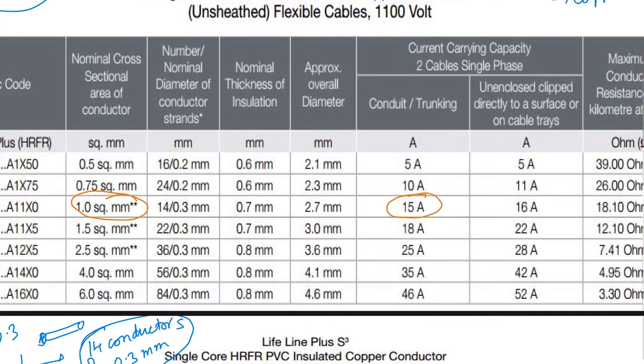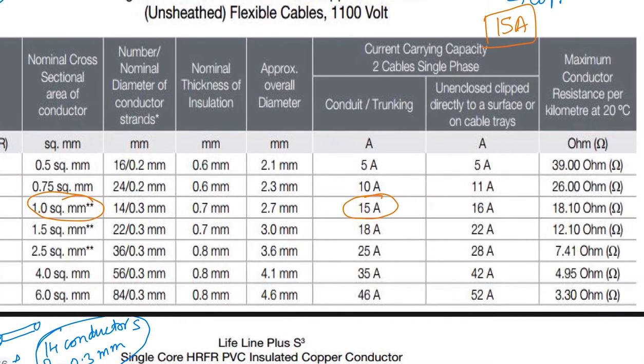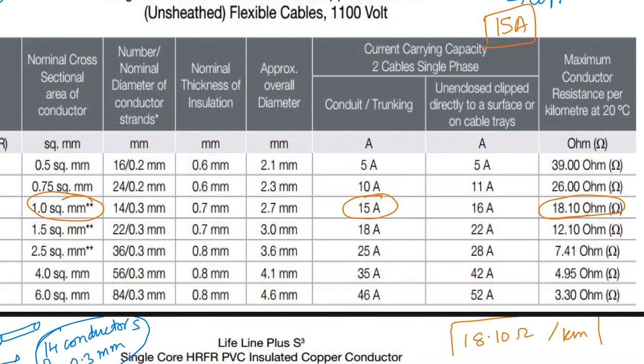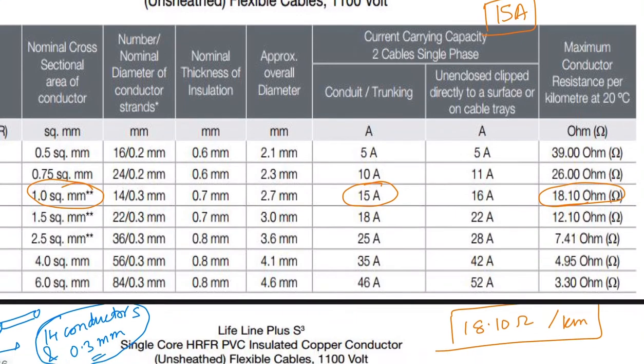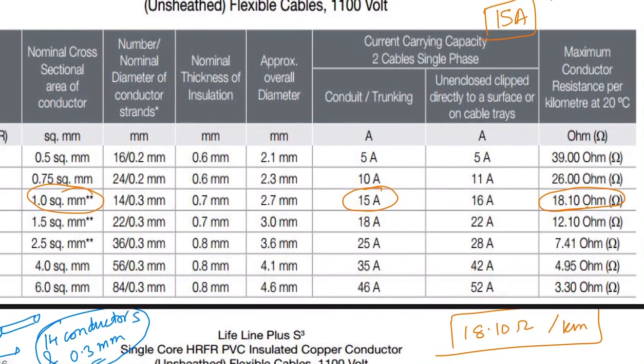So 15 amperes means it can at max bear a current of 15 amperes. This rating is 15 amperes. And this 1 square mm conductor has a resistance per kilometer of 18.10 ohms per kilometer. So if you have this conductor spread over 1 kilometer, the resistance of this conductor is going to be 18.1 ohms.